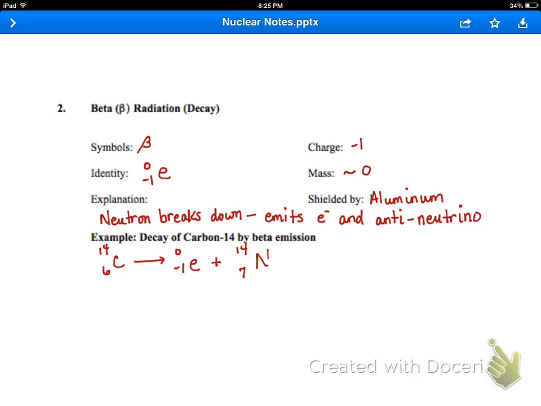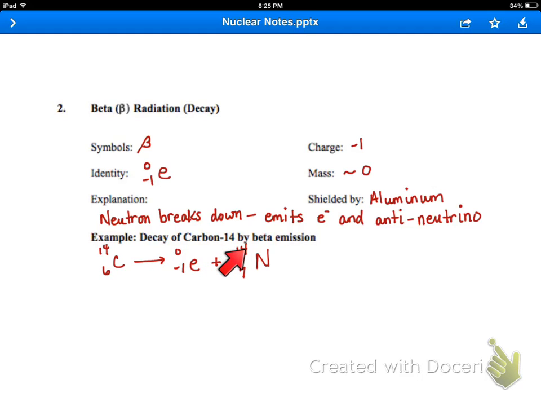So here's how we draw a reaction for beta decay of carbon-14. So it's carbon-14, so the top number is going to be 14, and C for carbon. Because it's carbon, the bottom number has to be 6. So it's going to decay and spit out this electron with a -1 on the bottom, and a 0 on the top, so the top number is not going to change.